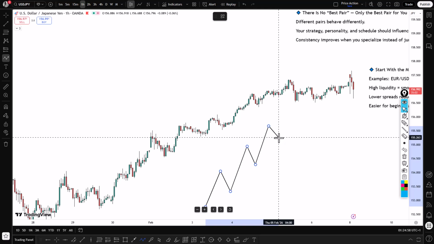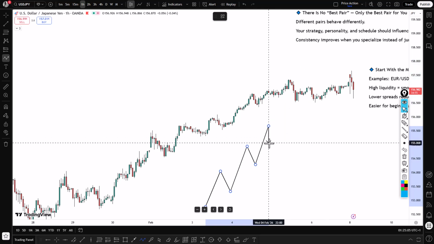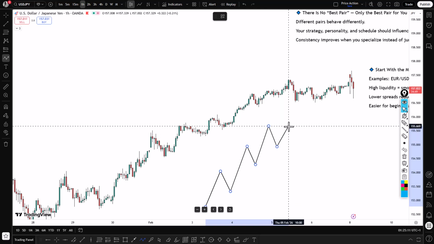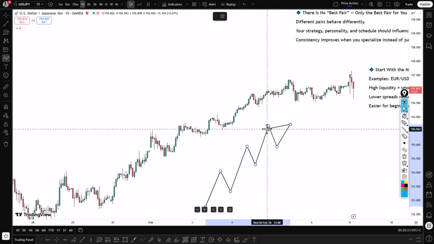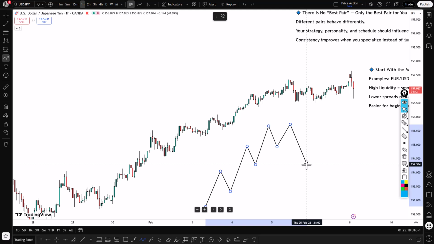As long as the trend is intact, price should continue doing this. But then there's going to come a point in time, because nothing lasts forever, where price is going to struggle to continue moving up, and it's going to start finding resistance, and then maybe temporarily stall or consolidate or even reverse altogether.